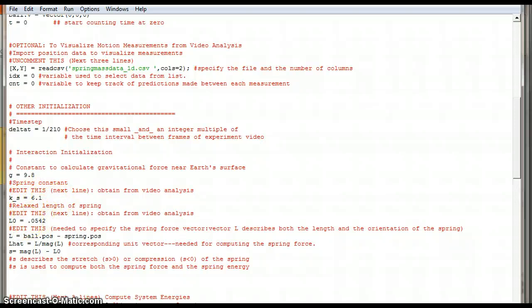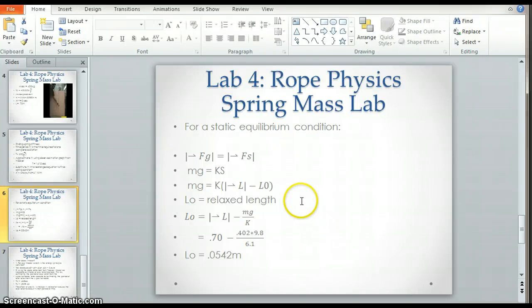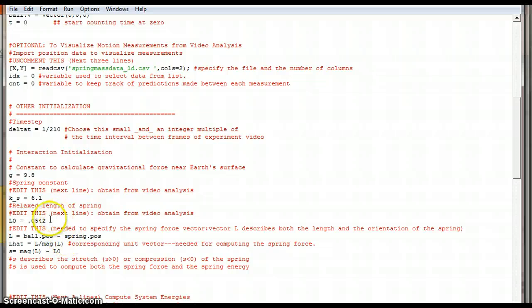This is the L0, 0.0542, which we measure. For a steady equilibrium condition, the force due to gravity and the force due to the spring are equal, and we can find the stretch length L0 is 0.0542 meter, and we are putting the value of this here.